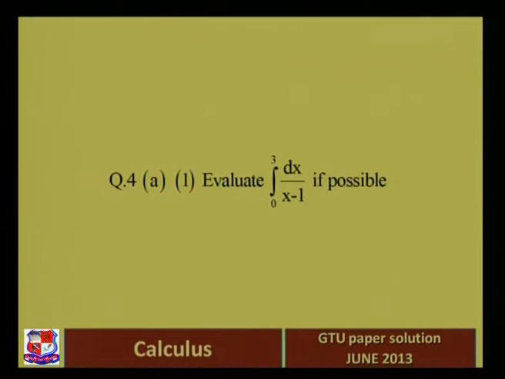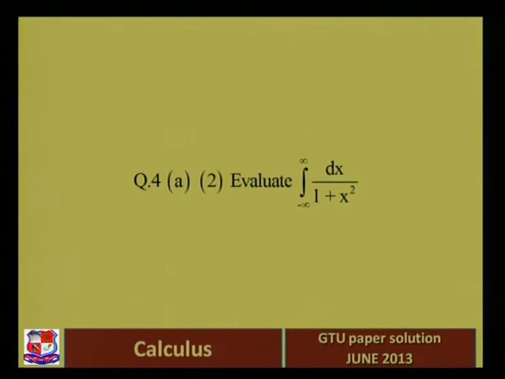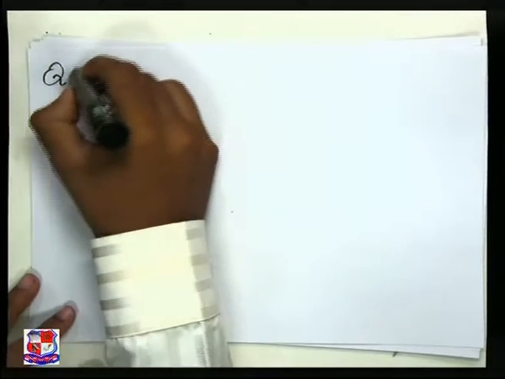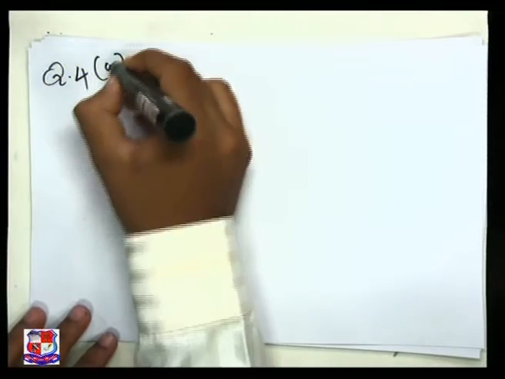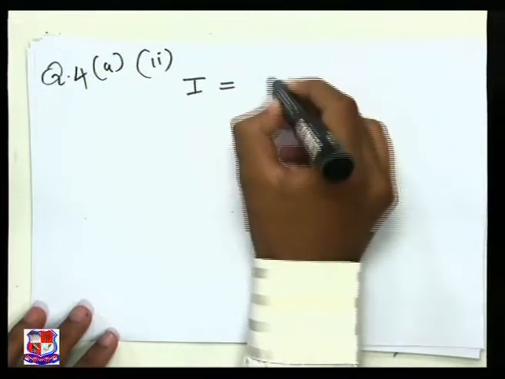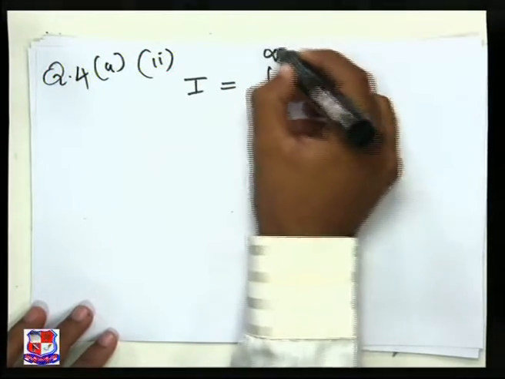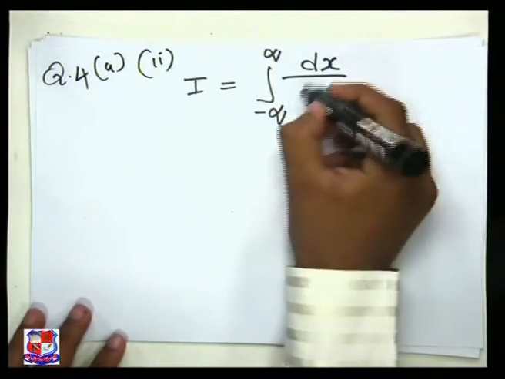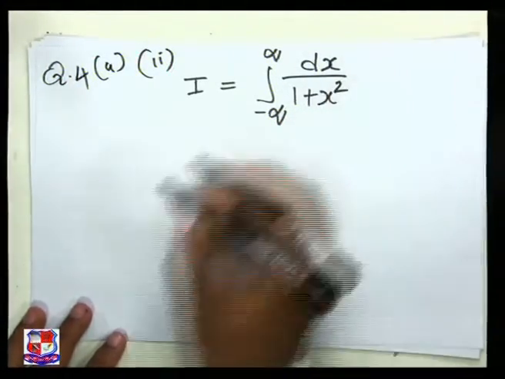The next question: evaluate integration from minus infinity to infinity dx upon 1 plus x square, the second part. So question 4a, the second part: I is equal to integration from minus infinity to infinity dx upon 1 plus x square.